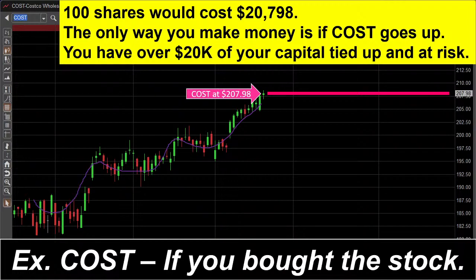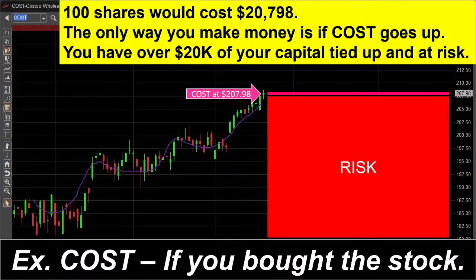And if you're a stock buyer, you have $20,000 of your capital tied up, and it's at risk. All right, so you got $20,000 tied up and at risk. You basically have risk all the way, the stock could go to zero. I hope none of you have let a stock go to zero. That's very rare, right? We're not talking Enron here, right? So we're not going to let a stock go to zero, but technically you have all that risk all the way down to zero.